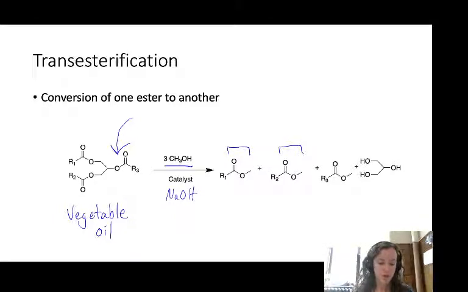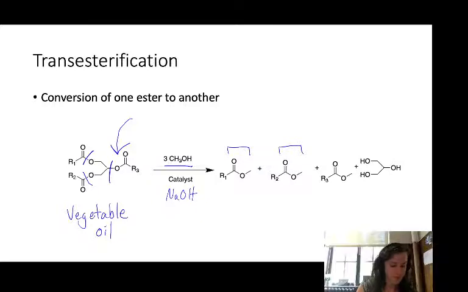And we'll basically be chopping, oops, I drew that last one in the wrong spot. Basically, we'll be chopping off all of the various arms of the triglyceride.